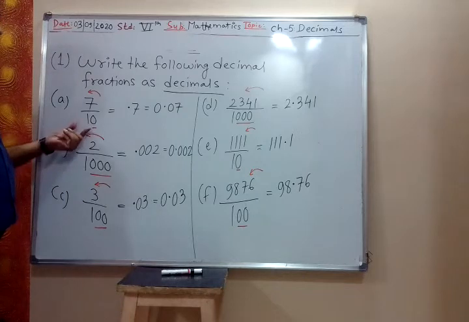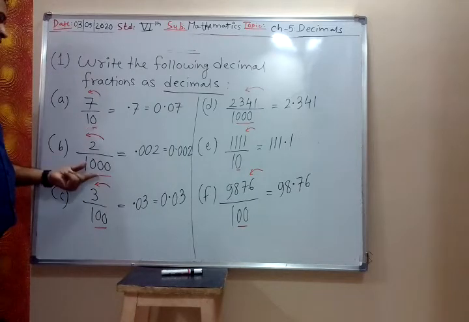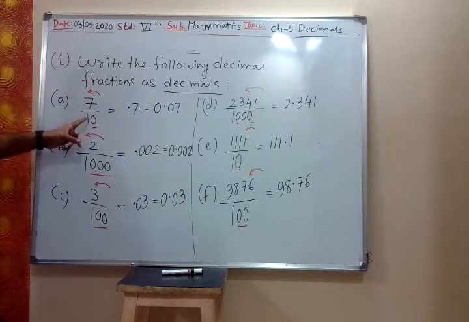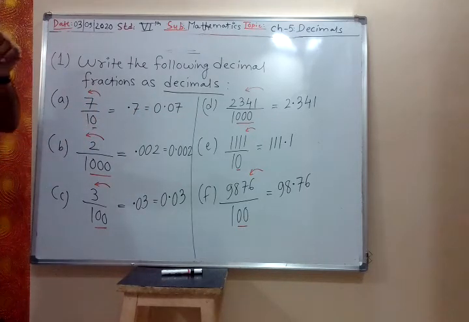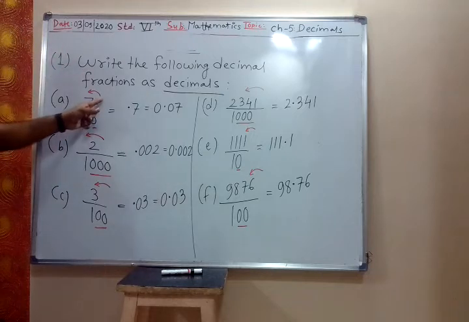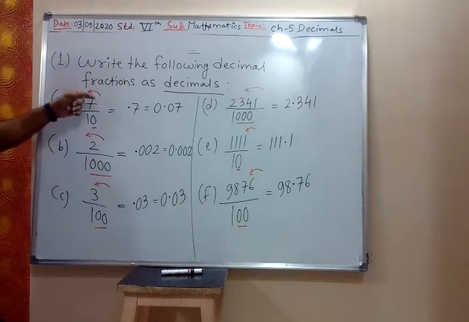So, in each denominator of the fraction is 10, 100, 1000, so we can convert them into decimals. How many zeros are there in the denominator? We start from right and put the decimal after that number of digits in the numerator.